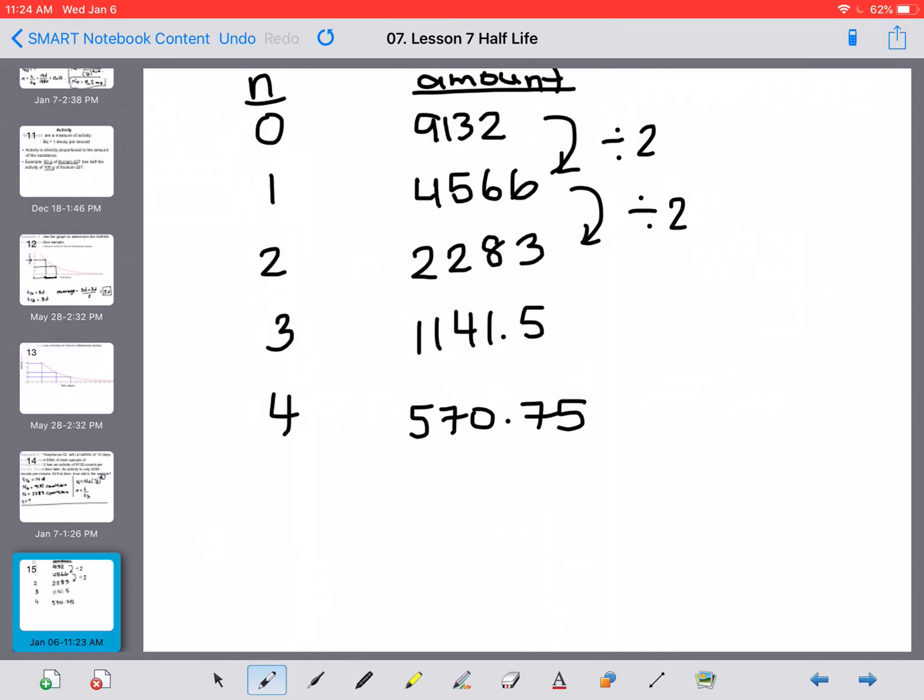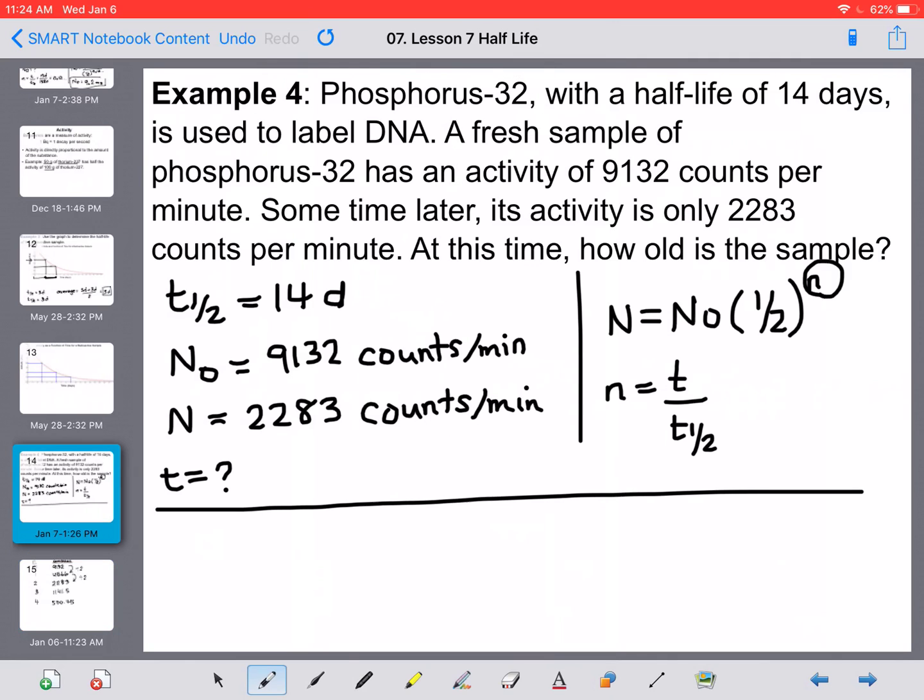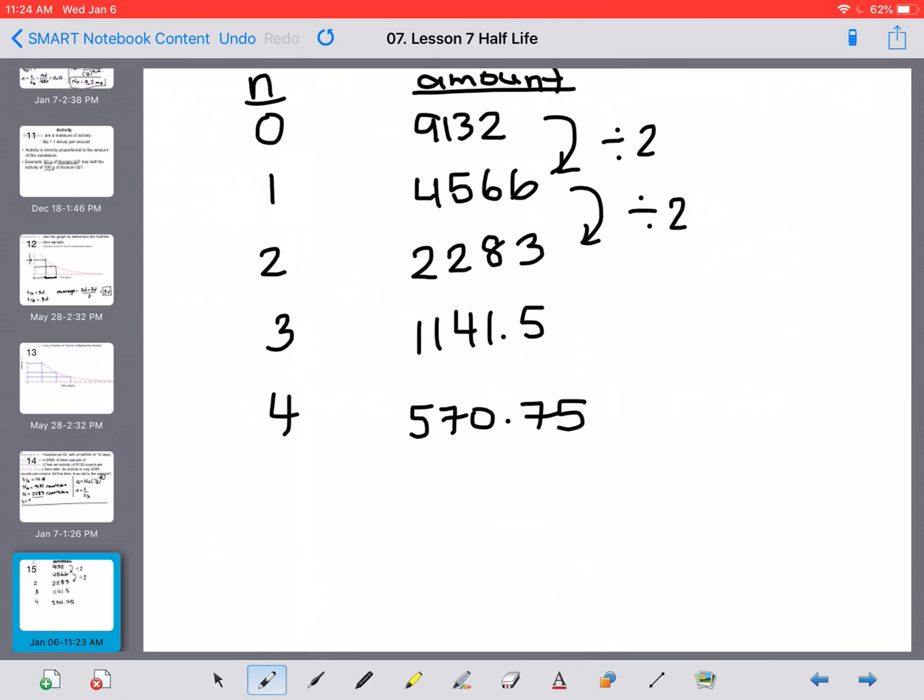There. So going back to the question for a second, we want to know how old the sample is at 2283 counts per minute. Well, 2283 shows up right here. So I didn't actually need to do as many rows of the table as I did. I know just from looking at this chart that 2 half-lives went by.